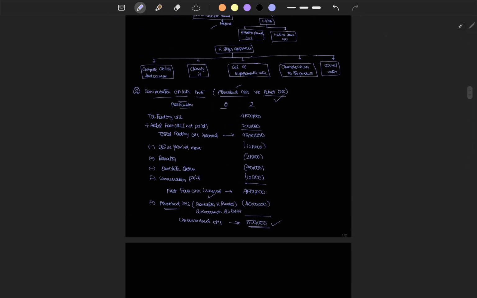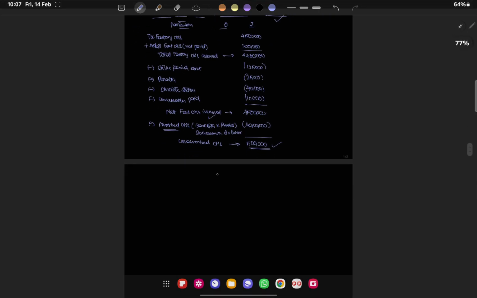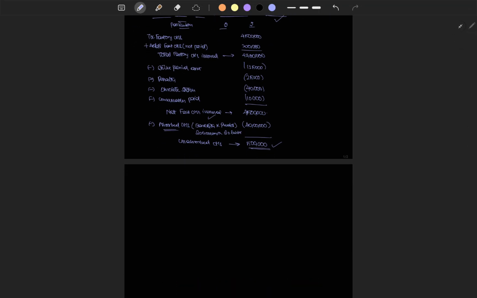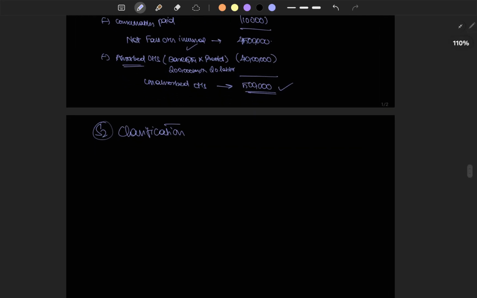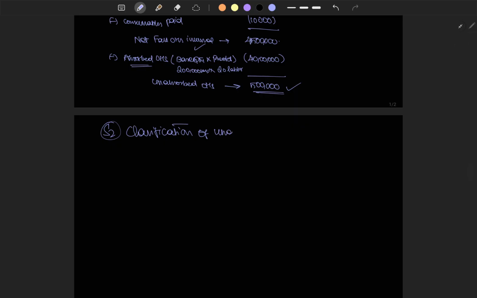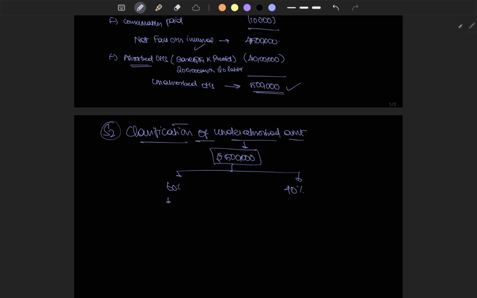Now it goes to classification. How can we classify this 5 lakhs under absorption? Classification of the under absorbed amount. So rupees 5 lakhs is the actual under absorption amount. In this, 60% is due to defective and 40% is natural cost.